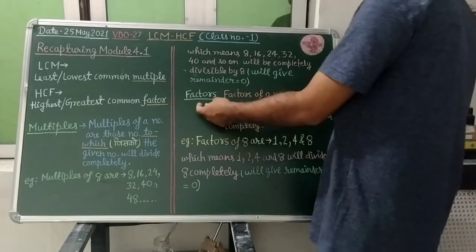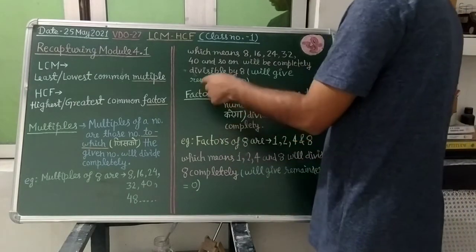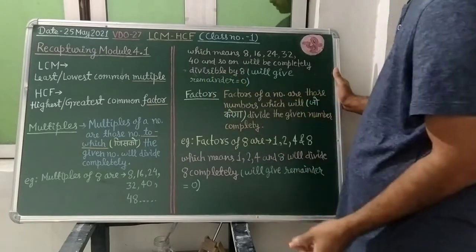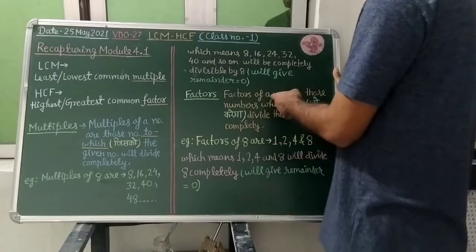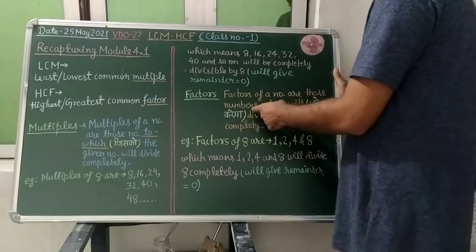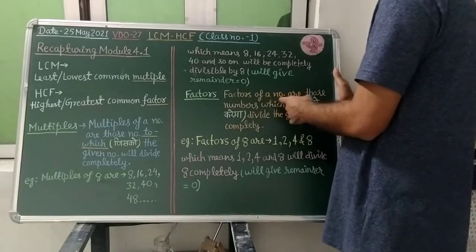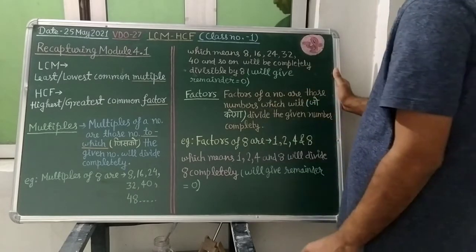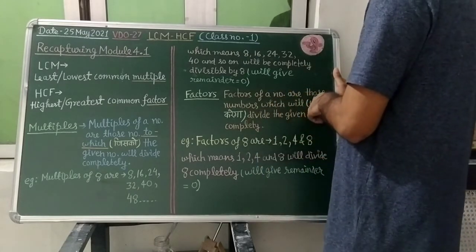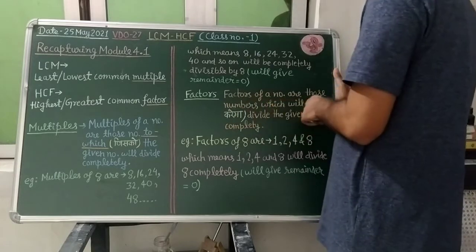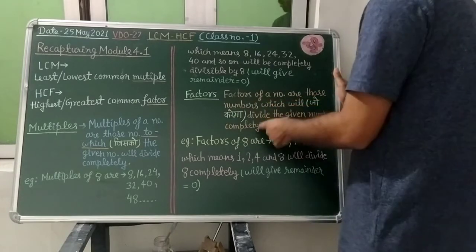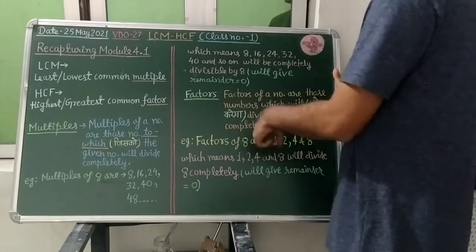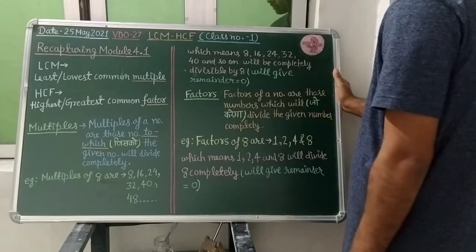And students, if we are talking about factors, factors of a number are those numbers which will divide the given number completely.